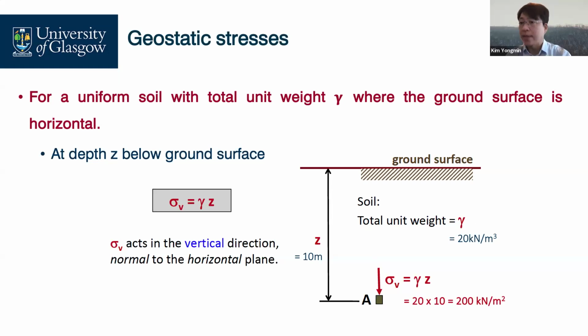Probably it is a wet condition. If this soil is totally dry, the question would tell me that gamma is the dry unit weight, gamma D. And if we assume our groundwater table is at the ground surface, this soil is fully saturated, so the unit weight becomes gamma sat, the saturated unit weight.